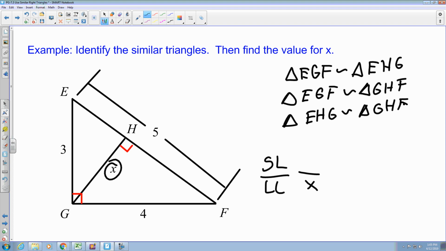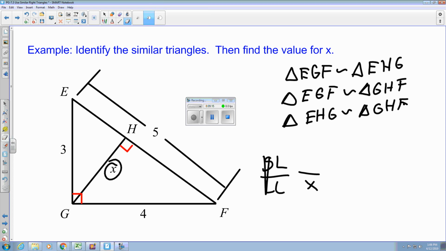The short leg in that particular triangle is, well, I guess it doesn't have one. So what I can do is, all right, sorry about that. So what we're going to do is change this up.